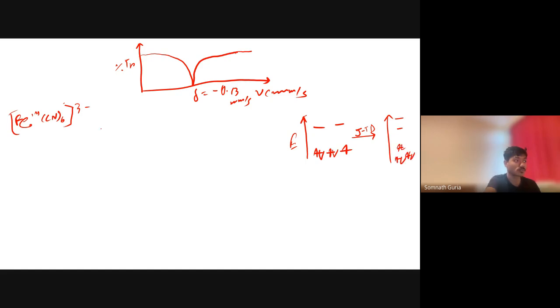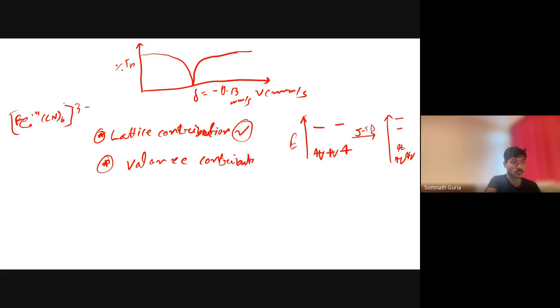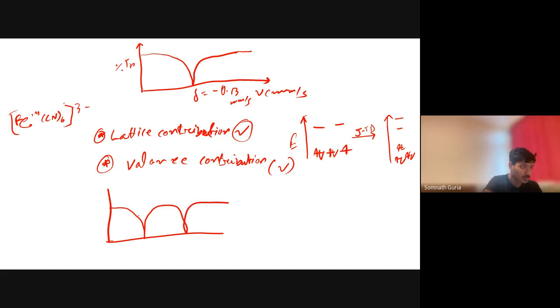With the distortion, initially there will be an active lattice contribution, and then we have the valence contribution. So we'll get a spectrum something like this.